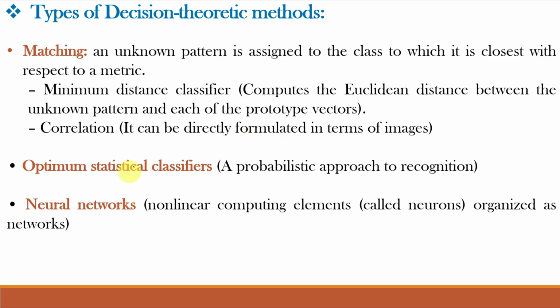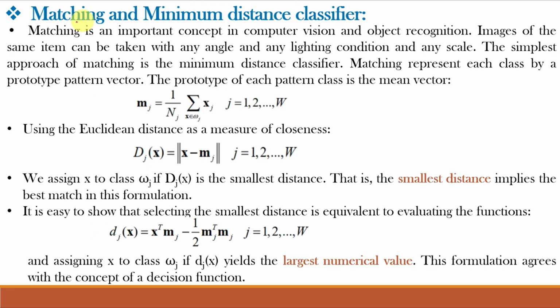The second type of decision theoretic method is the optimum statistical classifier, which is a probabilistic approach to recognition. And the third type is the neural networks, where, as the name suggests, non-linear computing elements, which are called neurons, are organized in networks, just like the neurons are arranged in our brain to take different decisions. Okay, let us now understand matching and minimum distance classifier.